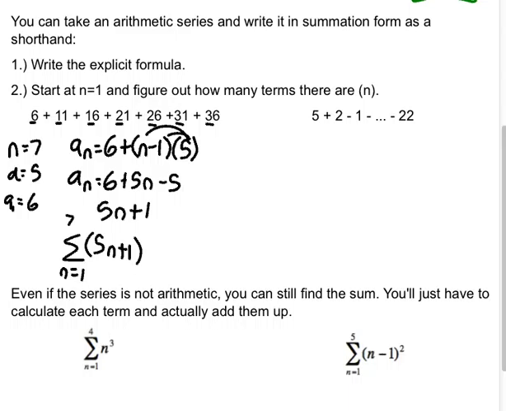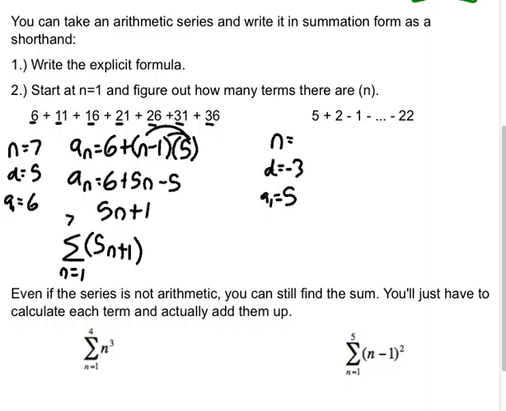So let's take a look at this one. So this time n is unknown. I don't know what my n is that I'm going to need. I do know D. Okay, so D is going to be negative 3. And I do know my first term is 5.